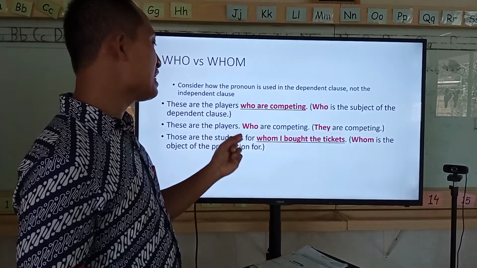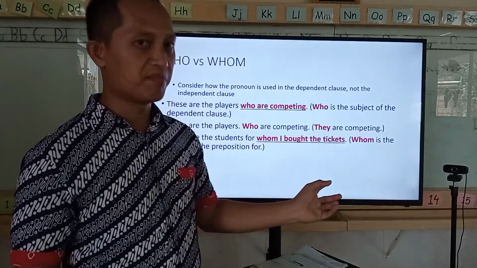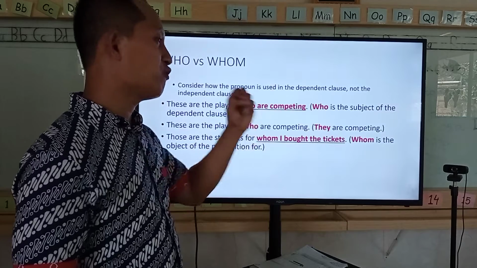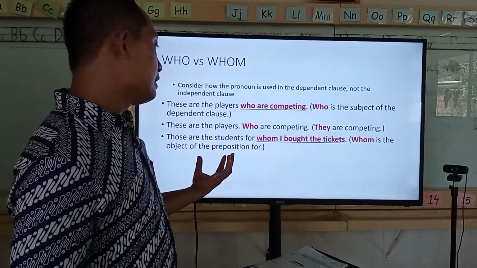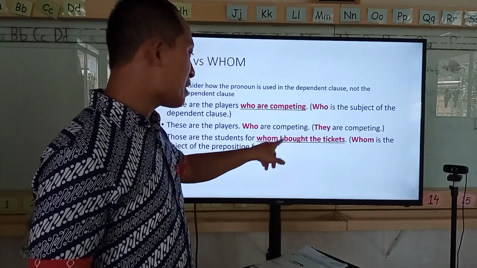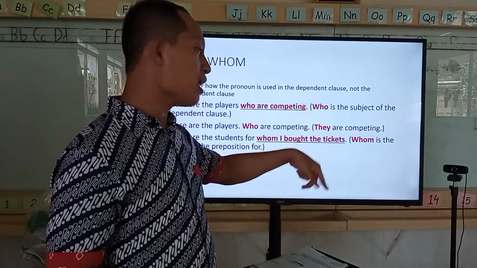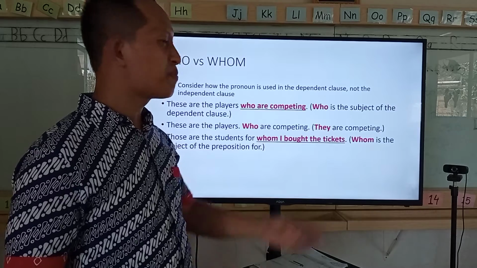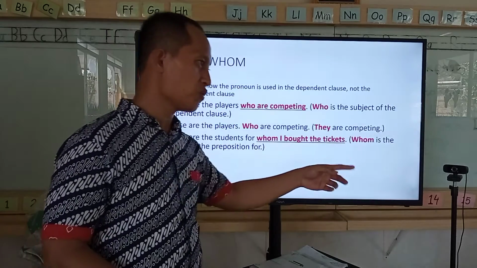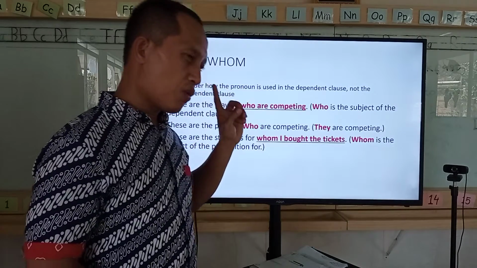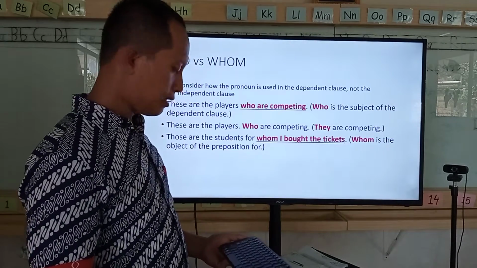I bought the ticket for them, or for the students. Okay. Now, I bought the ticket. The subject is I, so them is not the subject. So because it is not the subject in the dependent clause, yeah, we use whom. Okay.